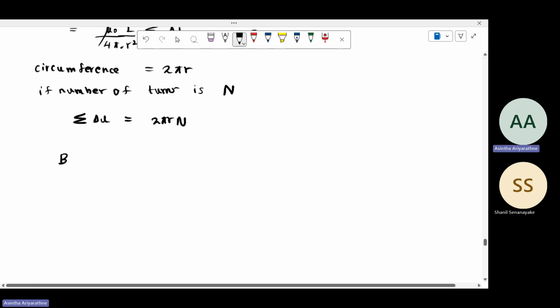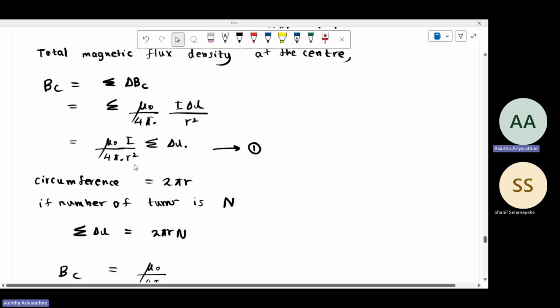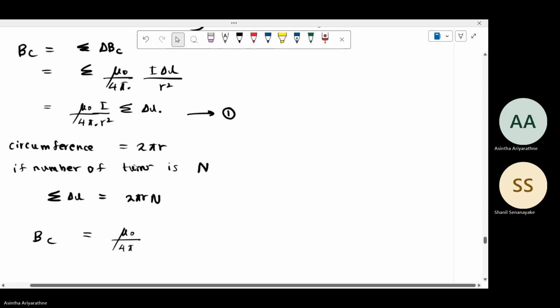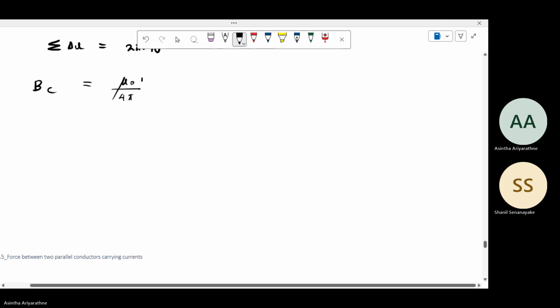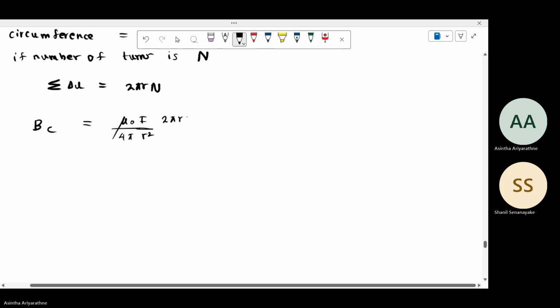Right, so then the total magnetic field intensity at the center is mu naught over 4 pi, I over r squared, times 2 pi r N. So 4 pi cancels with 2 pi, one r cancels out, and 2 remains. We get mu naught I N over 2 r.